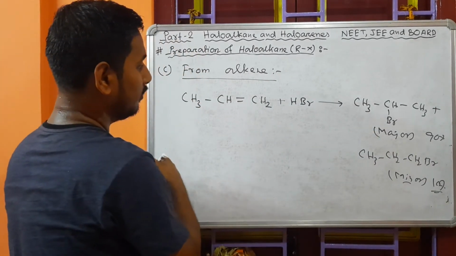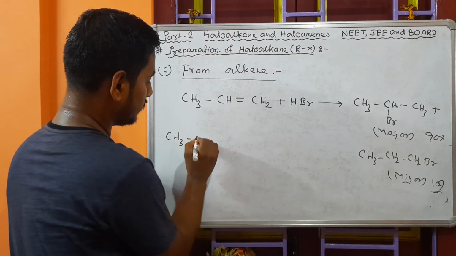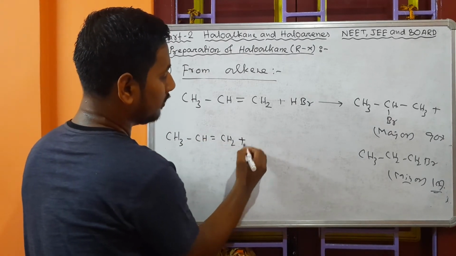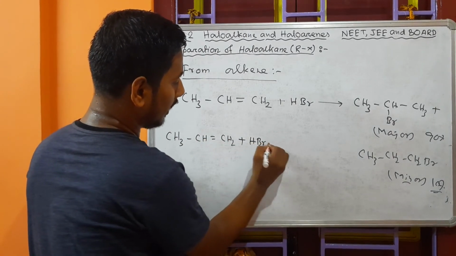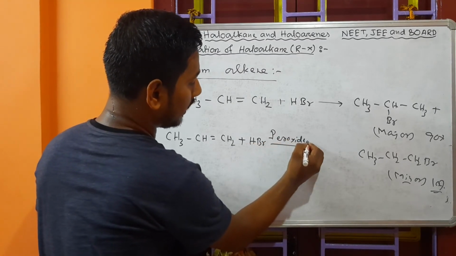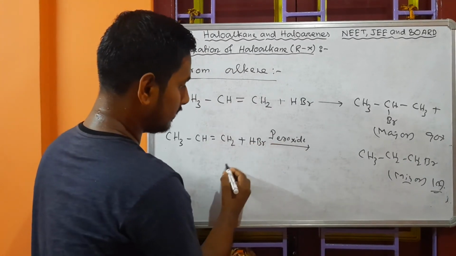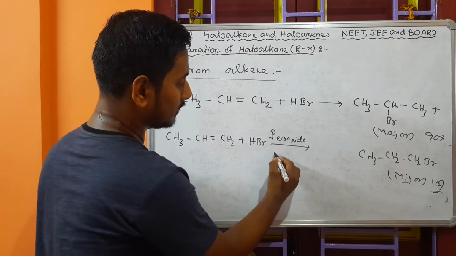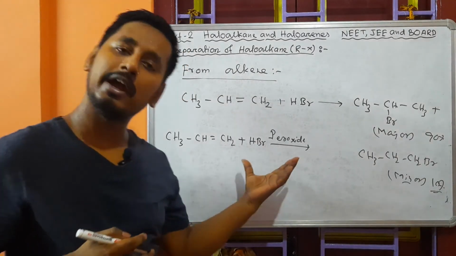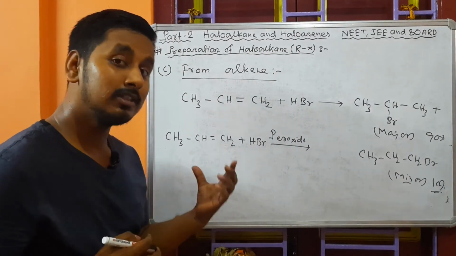Now if you do the same reaction, so you have CH3 CH double bond CH2 in presence of HBr, and you add peroxide, then what is the product? If you use peroxide, like benzoyl peroxide or hydrogen peroxide, any kind of peroxide, in that case what is the product?